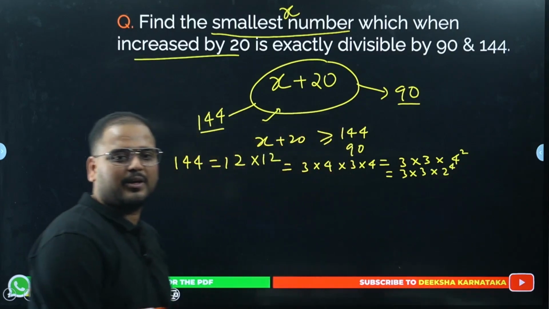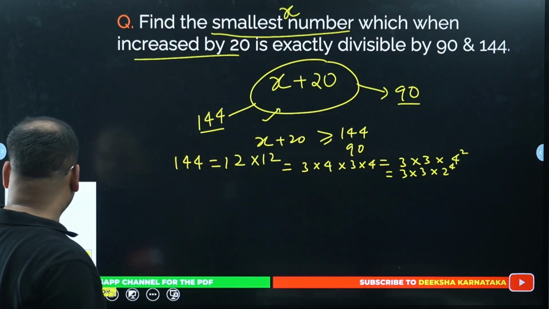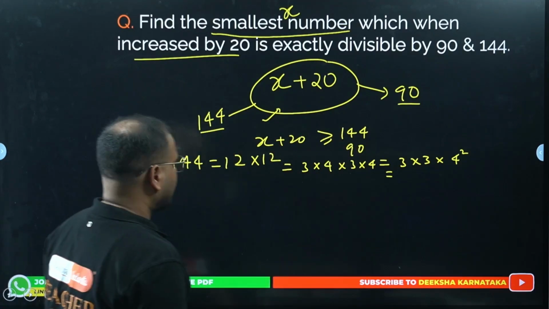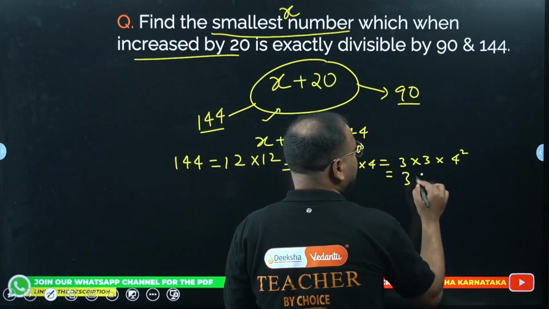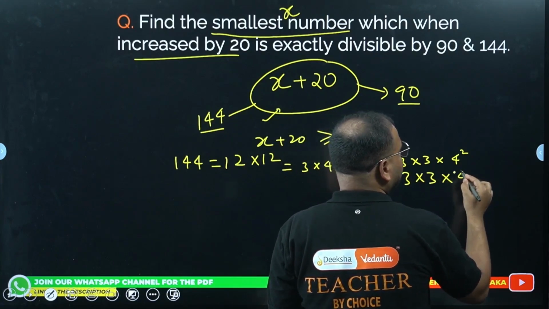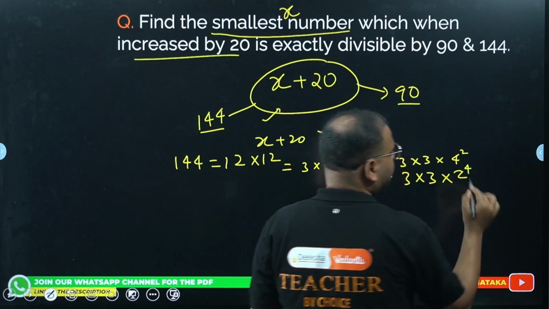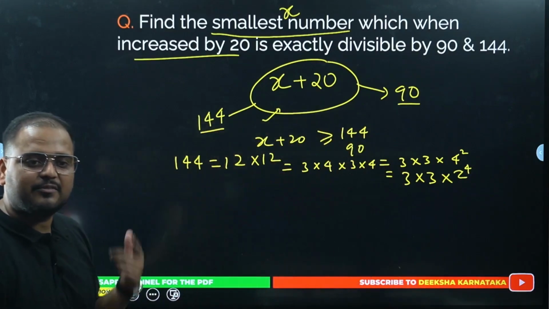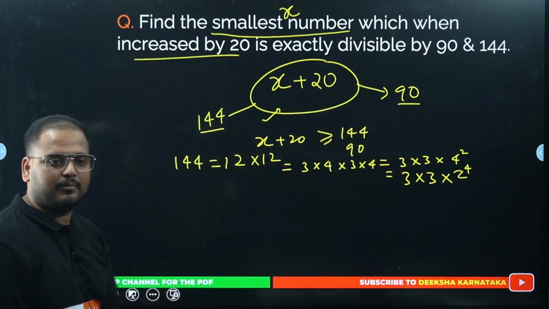Prime factors I have written, okay? So 3 square times 2 power 4. 2 power 4 is 16, 4 power 2 is 16. Just prime factors I'm taking.